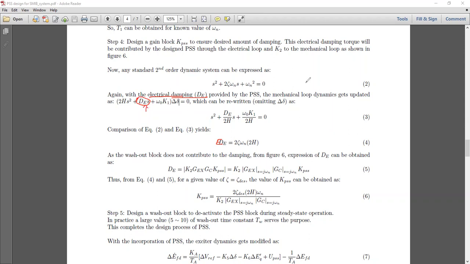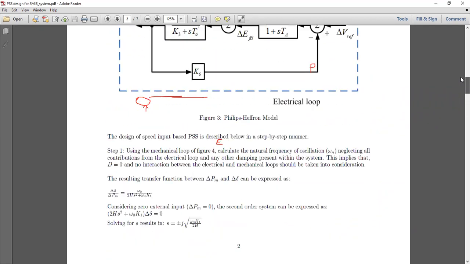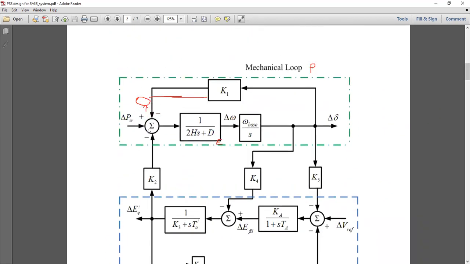Why is it appearing here? Remember, any damping provided at the initial summing junction can be included into the swing equation in the form of damping power. Damping power is DE multiplied by del omega, because it is electrical damping. If you recall, this is the expression of the damping power.